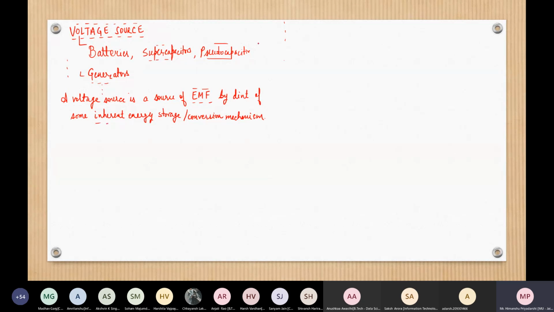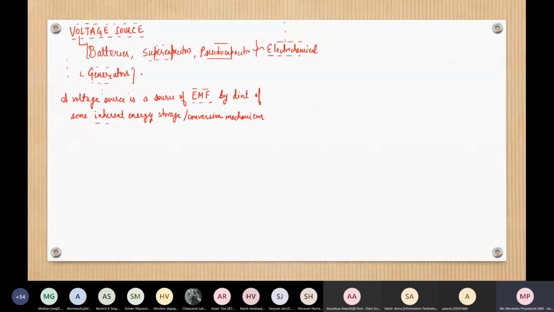Now, what is the mechanism in this case? It is electrochemical. Okay, it can be Faradaic or non-Faradaic.